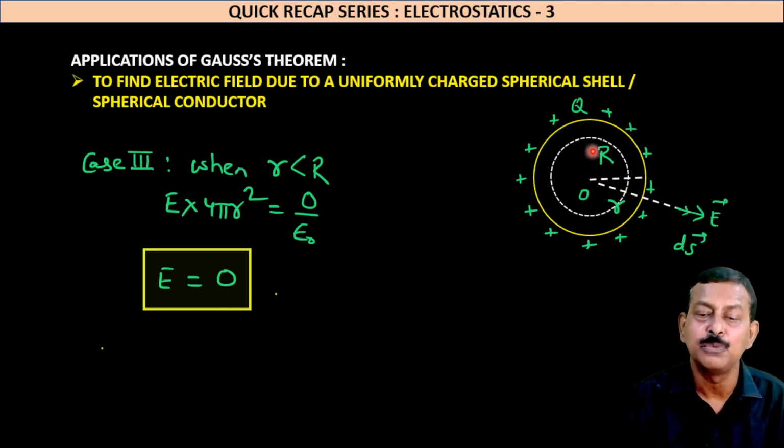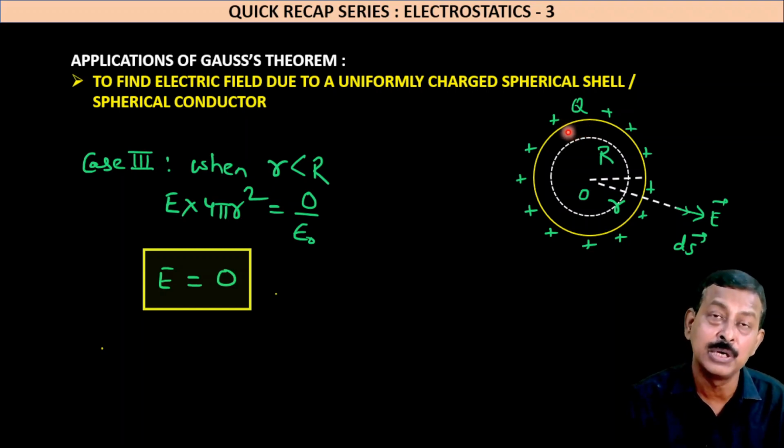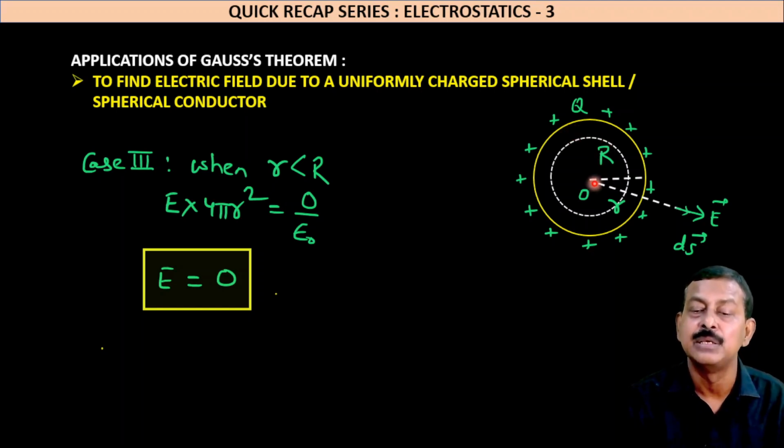The charge was lying on the surface of the spherical shell. Or if it is a spherical conductor, the charge will lie only on its outer surface, not inside it. So here you have no charge inside this Gaussian surface. The charge enclosed is 0, and that is why the electric field there is 0.